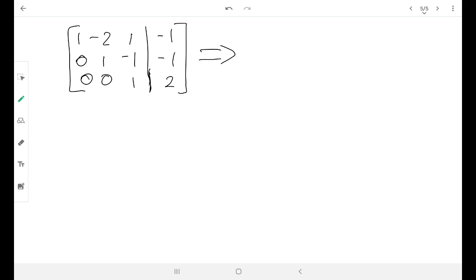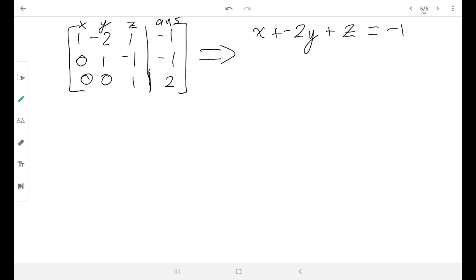What this means is these numbers tell us, remember again, this was the X column, the Y column, the Z column, and the answers column. And because of that, I can rewrite these in equation form. I have 1x, which is just x, plus negative 2y plus 1z, which is just z, equals negative 1.